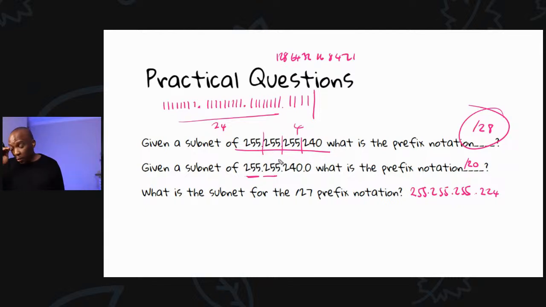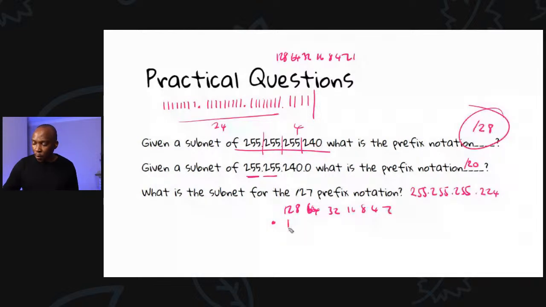And then the last one, we are doing the reverse. We have the /27, and we are asking, what do we mean by /27? We simply mean that at the boundary of the 24, we continue with 128, 64, 32, 16, 8, 4, 2, and 1: 24, 25, 26, 27.